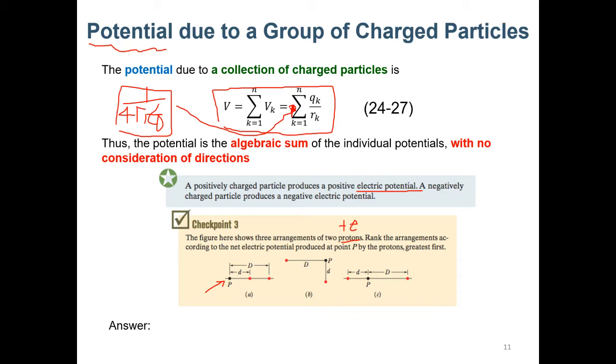The largest potential at point P. Which one? A, B, C. The answer is they are the same. Yeah, actually they're the same.